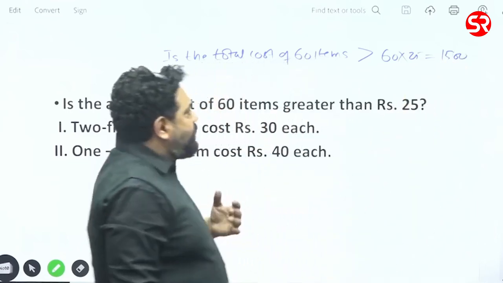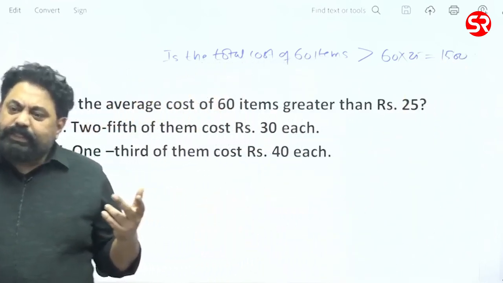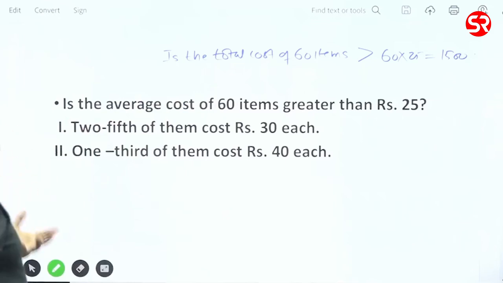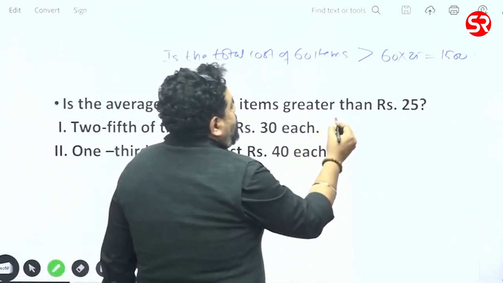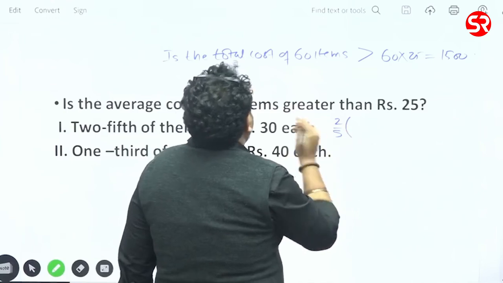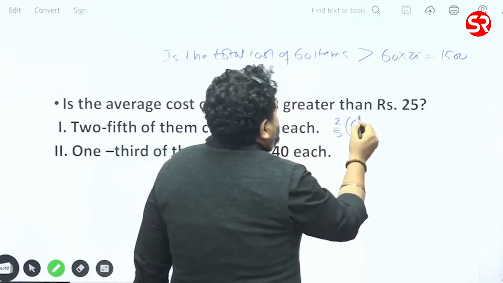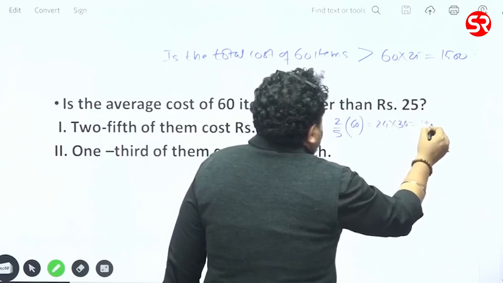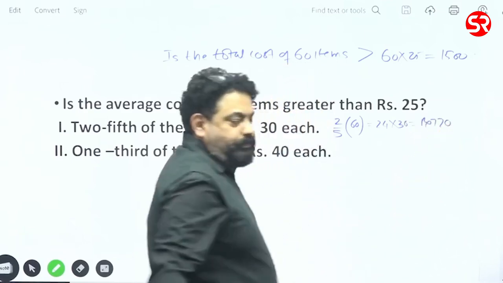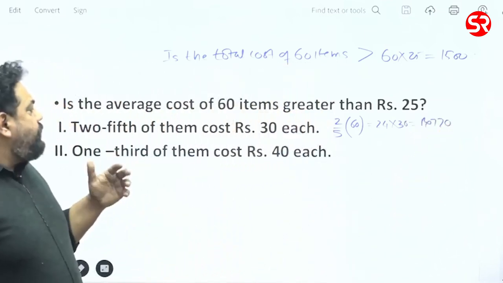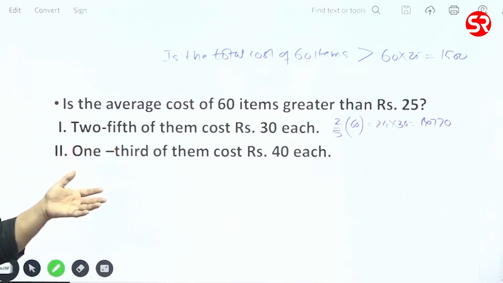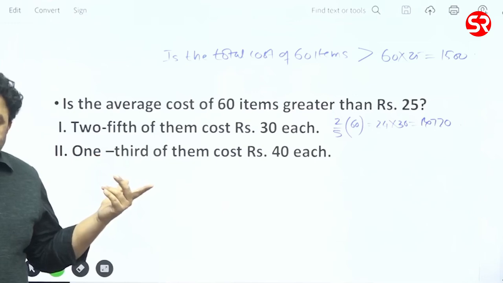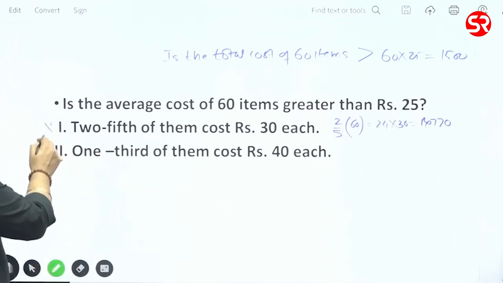Is the total cost of 60 items greater than 1500 rupees? That's the question, right? First statement, 2/5 of them cost 30 each. So 2/5 of 60 comes out to be how much? 24 cost 30 each, which is rupees 720. So there is rupees 720 for 2/5 of them, right? But then you don't know about the remaining 60 minus 24, 36 items. So the first cannot give you the answer.